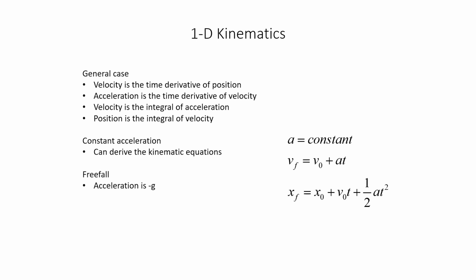For constant acceleration, we find that v final equals v0 plus at, x final equals x0 plus v0t plus a half at squared. And be careful, only use these when you have constant acceleration. For a problem with free fall, the acceleration goes to minus g. And then we did an example problem where we had acceleration negative g in a free fall problem.